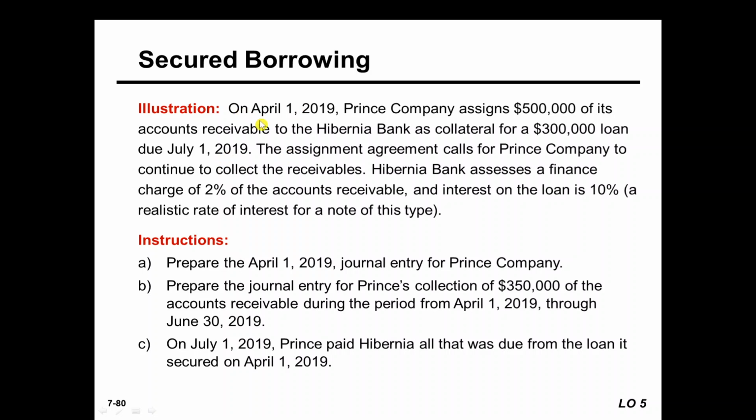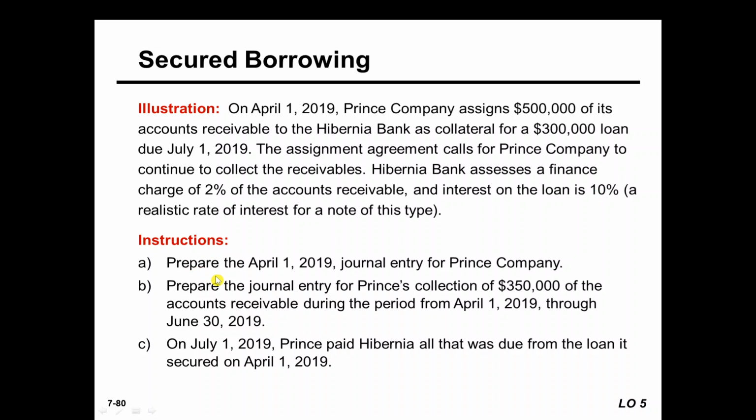So it is only for three months. The assignment agreement calls for Prince Company to continue to collect the receivable. Hibernia Bank assesses a finance charge of 2% of the receivable. Interest on the loan is 10%.